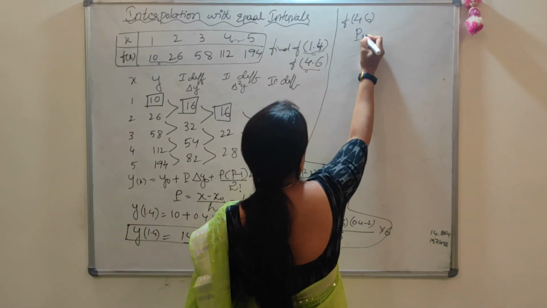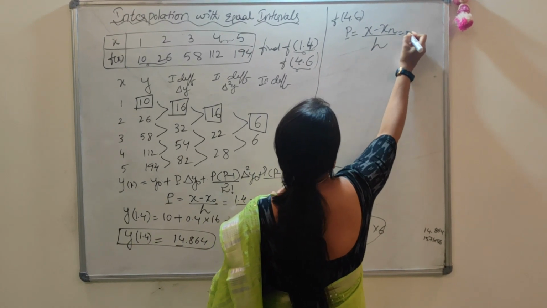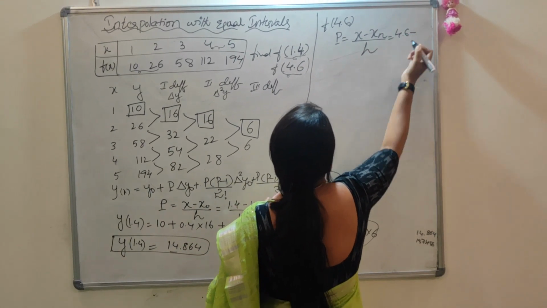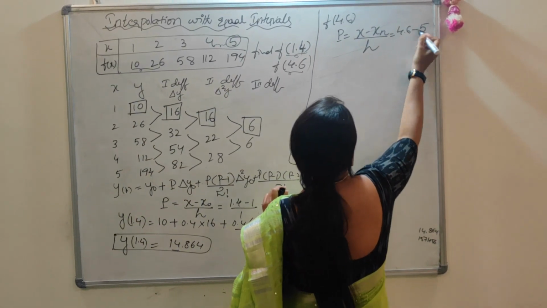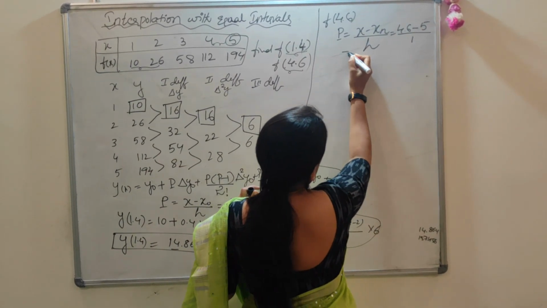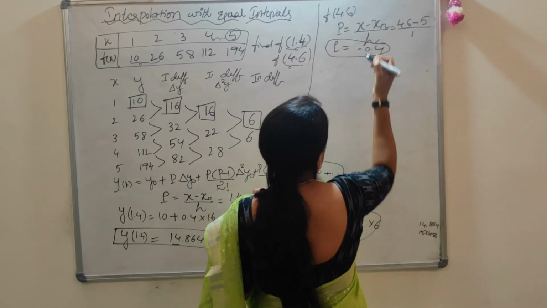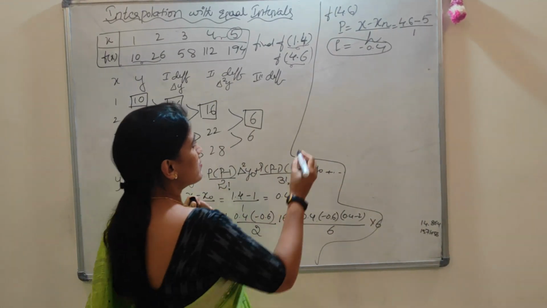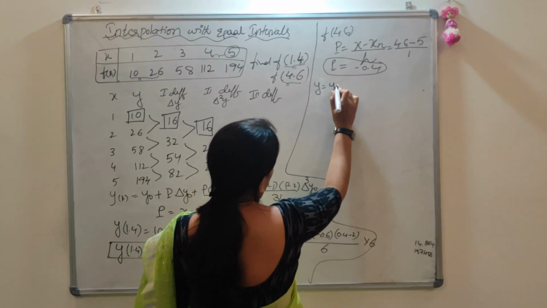So for that p is equal to x minus xn by h. X is 4.6 minus xn, the end point, which is 5, divided by h, which is 1. So p is minus 0.4. So here the backward interpolation formula: y is equal to yn.